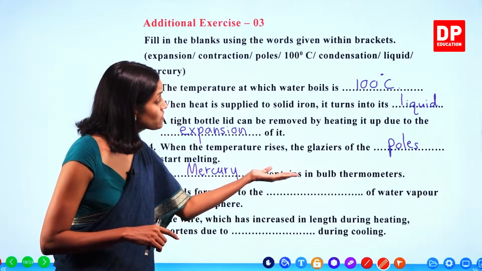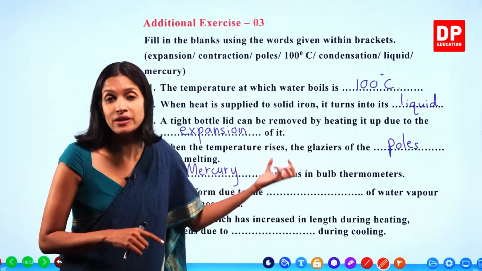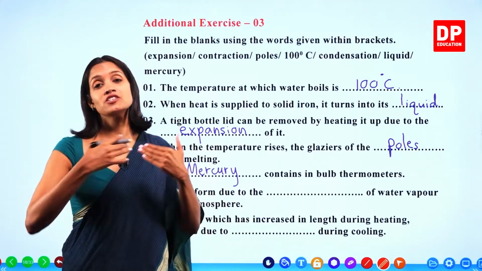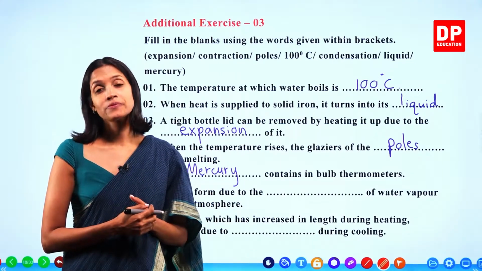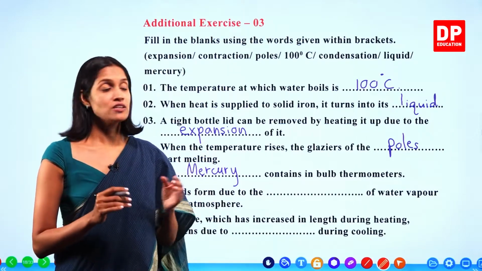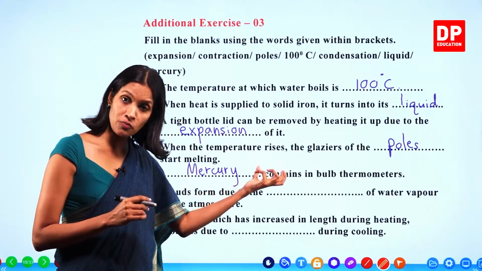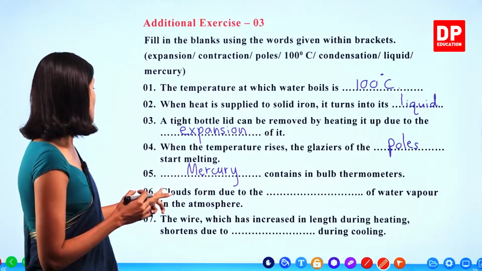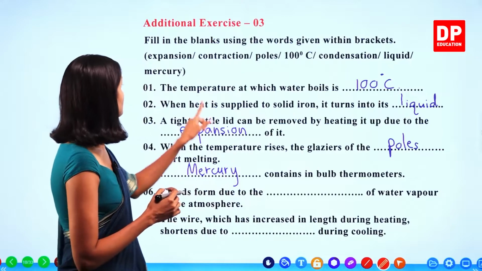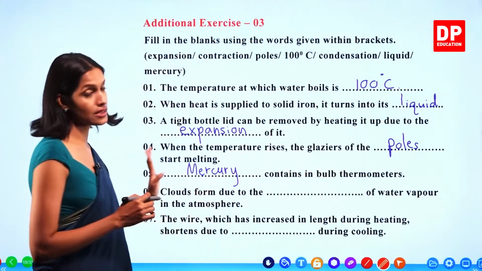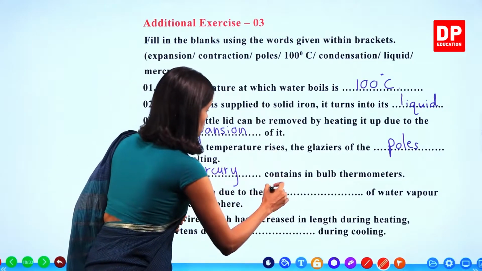There in the atmosphere it cools down, its temperature reduces and the gaseous water changes to water droplets, right? This is known as condensation. So because of the water droplets formed by condensation, clouds are made, okay? So clouds form due to the condensation of water vapor in the atmosphere. Condensation.